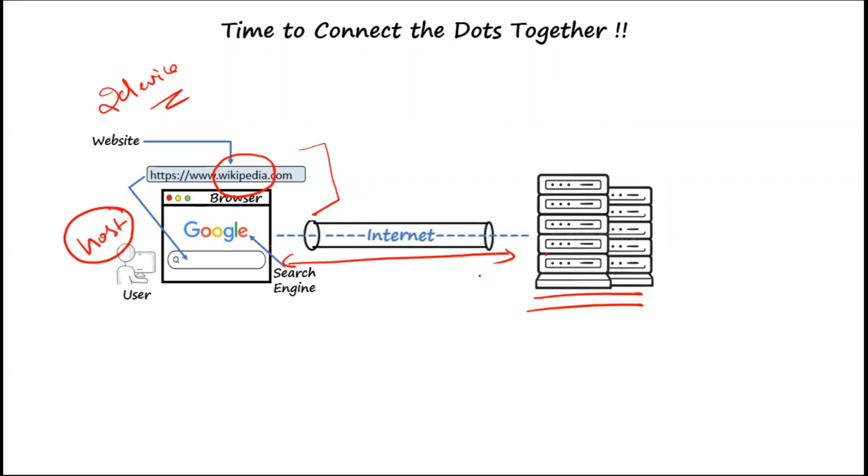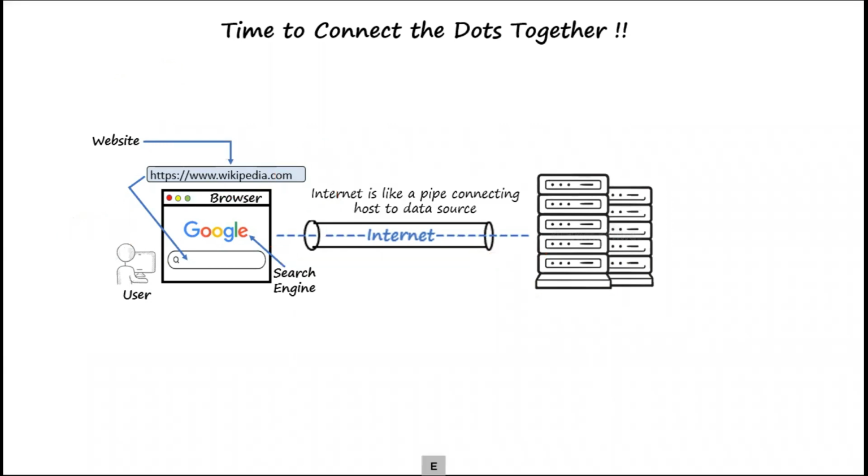So now the pipe is the connection between the host and your data source. So the internet is like a pipe connecting the host and the data source. This is the data source, which is holding the information. Here we are requesting Wikipedia's data. So the data sources are Wikipedia-owned computers at an unknown location.